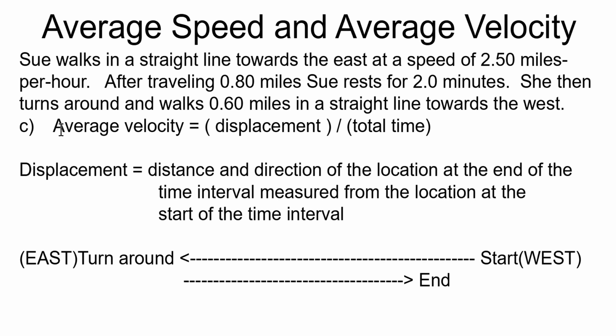Now, average velocity. We need something different here. We don't need total distance. Instead, we need displacement. For displacement, we pay attention to reversed motion for this particular problem, but we have a direction and a distance from the starting point to the ending point.